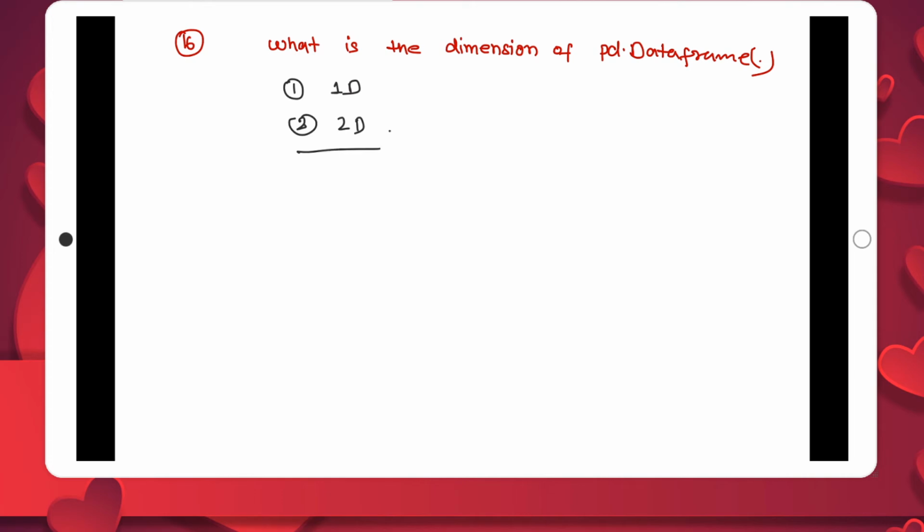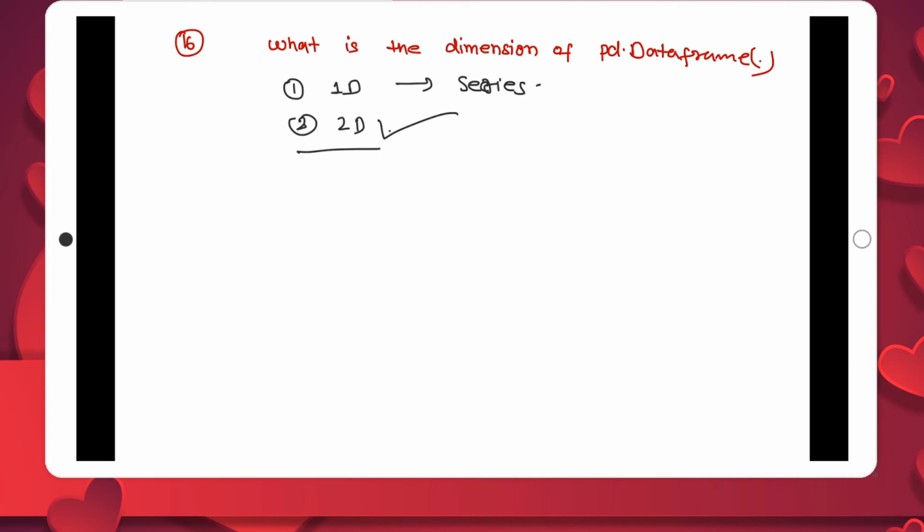What is the dimension of pd.DataFrame? I'm going to give you two options. Is it one dimensional or is it two dimensional? The answer is two dimensional. Pandas DataFrame is a two dimensional array, and the pandas Series is a one dimensional array.